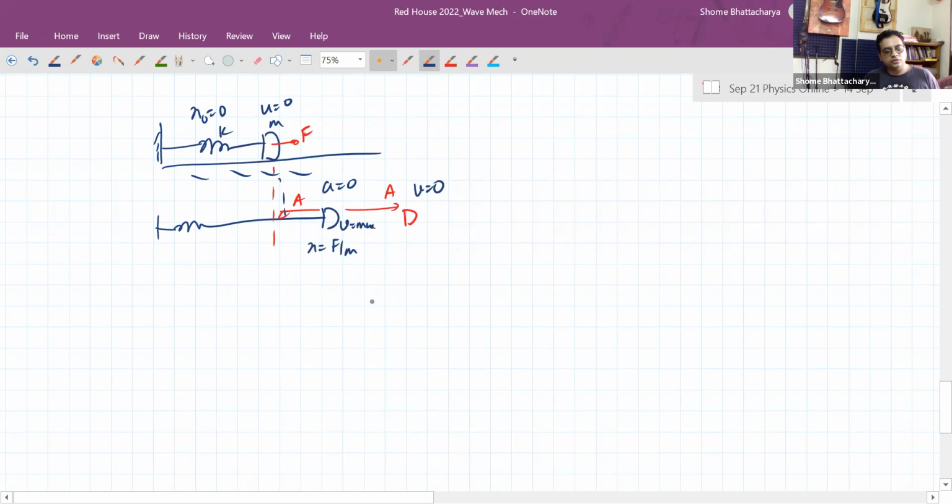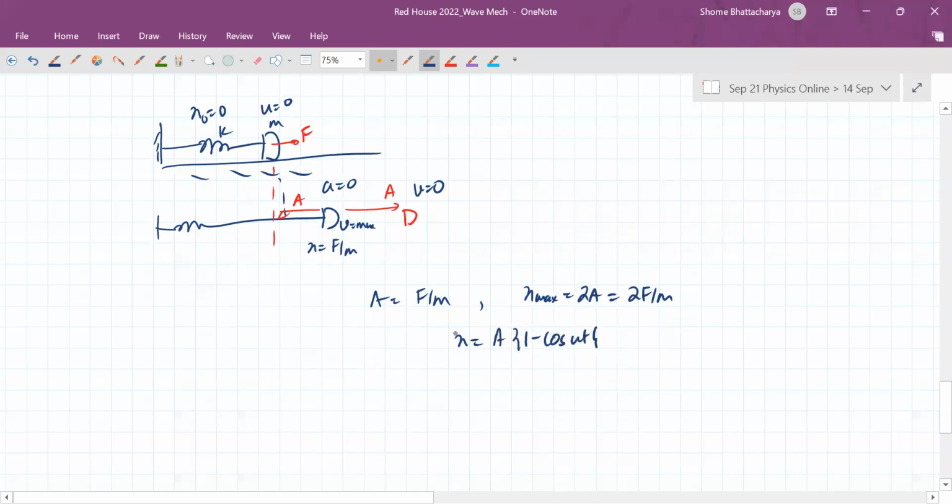So your amplitude will be f by m, and your maximum extension will be 2 times amplitude, or 2f by m, and in general your x will be a into 1 minus cos omega t.